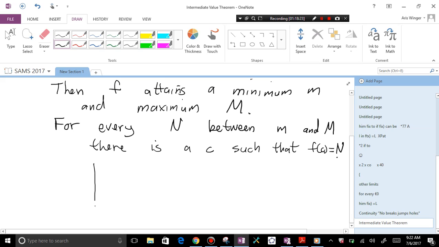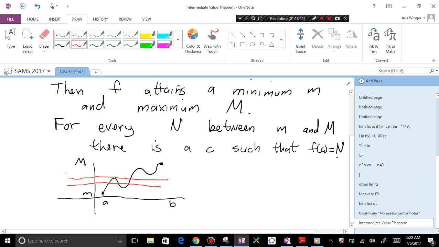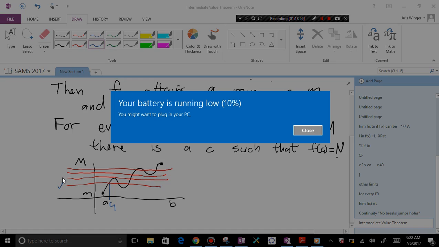What does that mean? That means that if I draw something continuous, I start here, I can do all sorts of things, right? Here's A, here's B, here's the minimum, here's the maximum. For every single n between the minimum and the maximum, there is always at least one C. There's that C for this one.